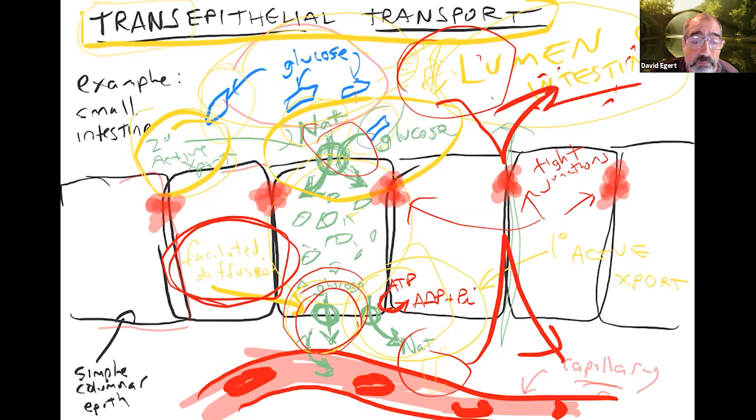They are not going to be able to just wiggle and sneak through the spaces between the cells. Does that make sense? So tight junctions are important, particularly in these epithelial sheets where you're trying to really control what can move from one side of the layer to the other.